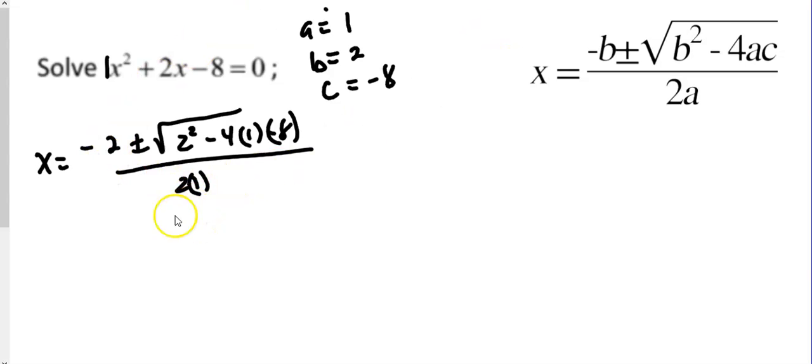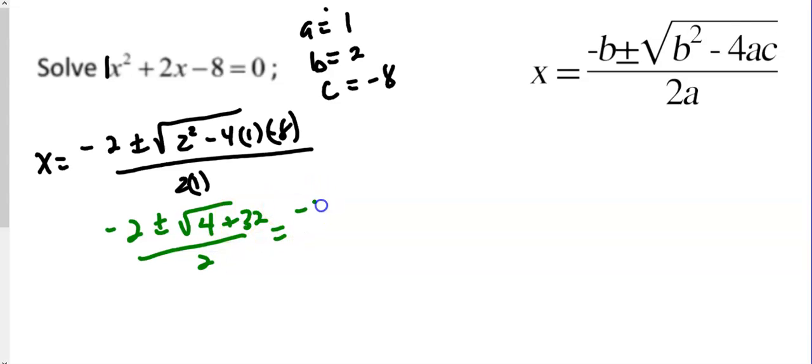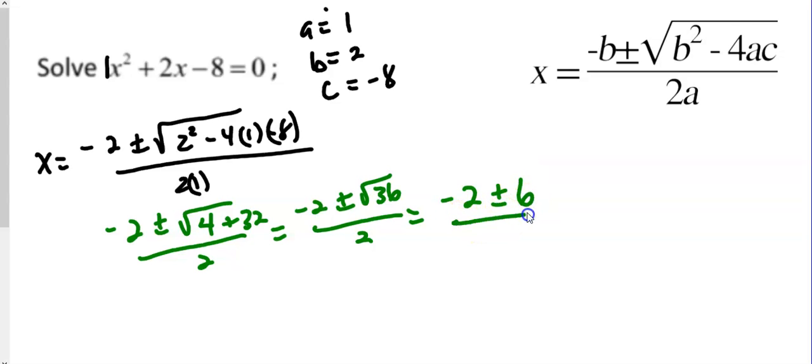So as we continue to simplify, -2 plus or minus the square root of 4 plus 32, over 2. So -2 plus or minus the square root of 36, over 2. So this is where simplifying the radical comes into play. So that's going to be -2 plus or minus 6 over 2.